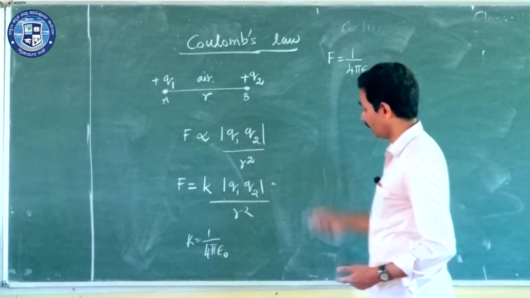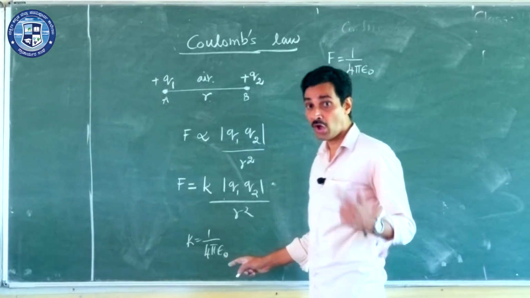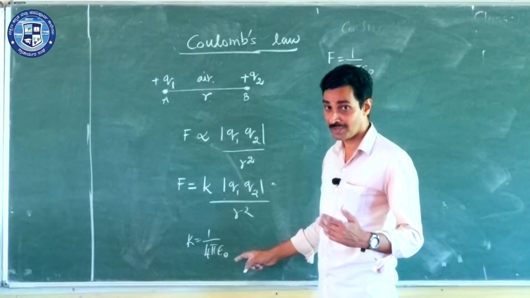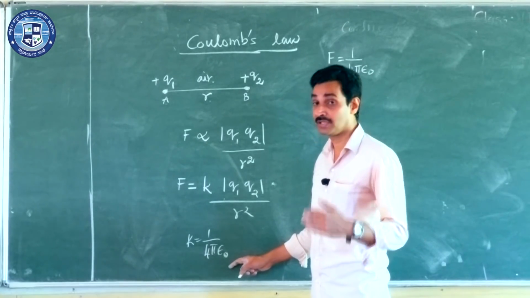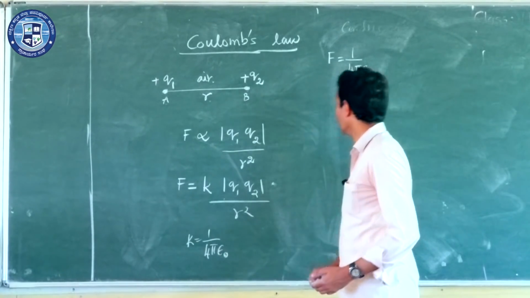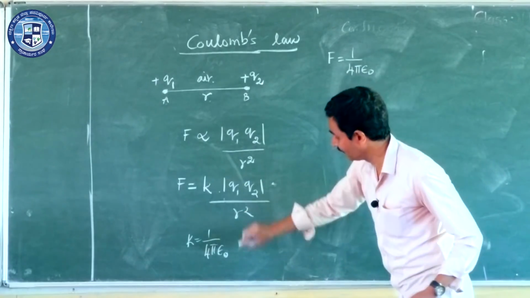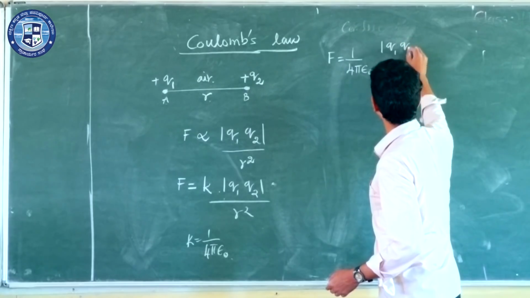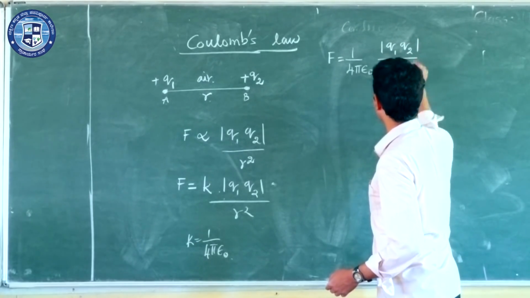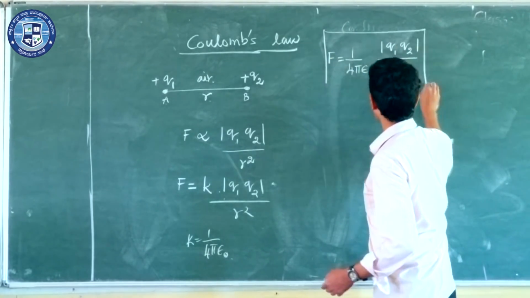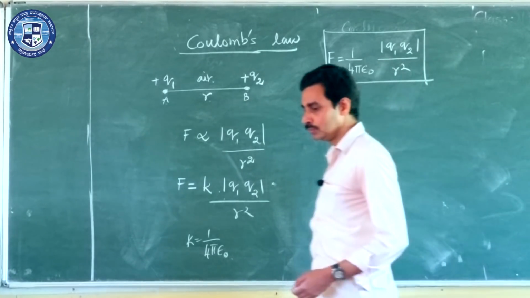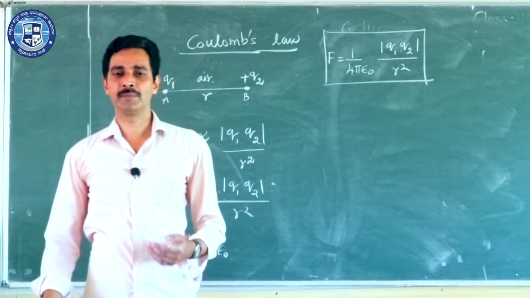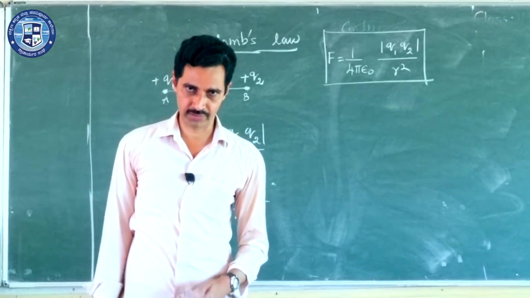You have to say that 3 or 4 times at home: epsilon, and this is epsilon naught. So the value of k is 1 by 4 pi epsilon naught, and F equals 1 by 4 pi epsilon naught times magnitude of q1 magnitude of q2 by r squared. This is the formula for the electrostatic force between two charges separated by a distance.